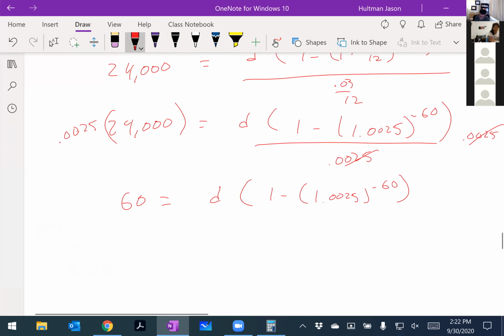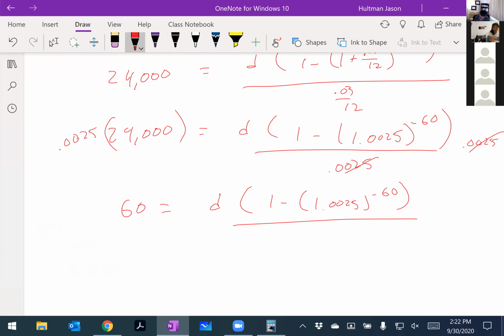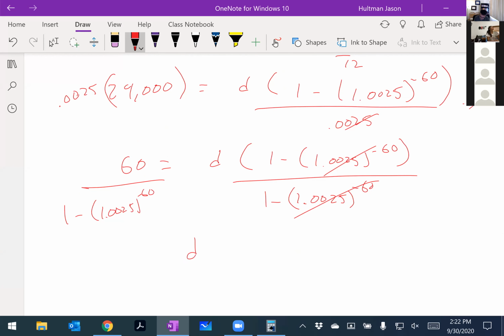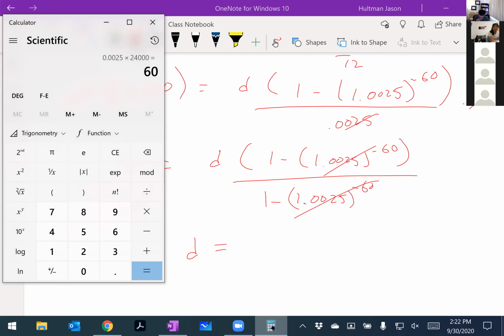Now, how am I going to solve for D? Well, I divide by 1 minus 1.0025 to the negative 60th power. So D is equal to 60 divided by 1 minus 1.0025 to the negative 60th power. So let's go ahead and do that.